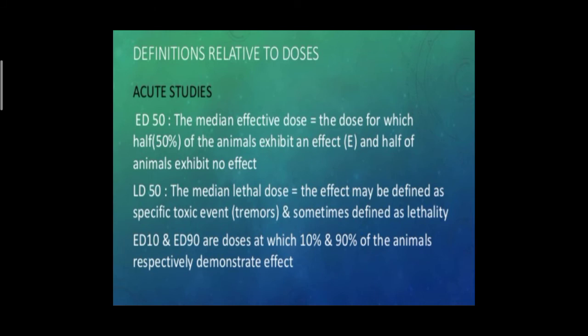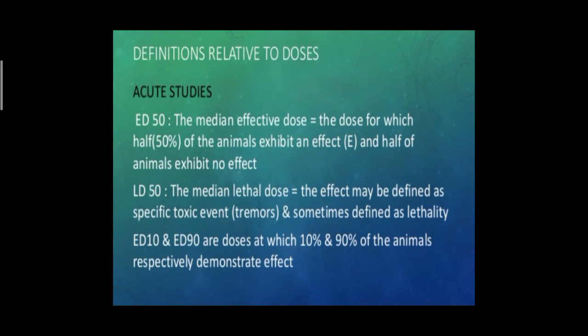In one group they will put 30, 25 or 20 animals depending upon the particular procedure. For example, if you take 20 animals in a group and give the effective dose of your research product, 50% of the population, that means 10 animals, get the therapeutic effect and are cured of the particular disease. That is nothing but the effective dose.